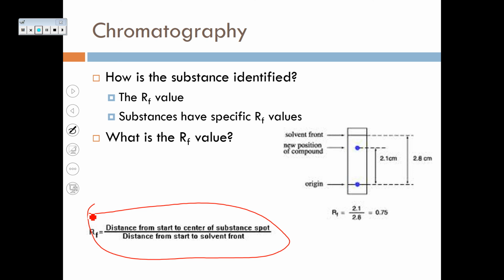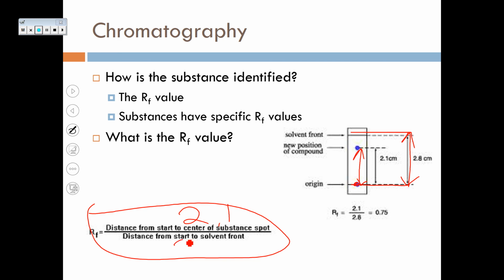So for example, if you place your ink dot right here and the first solution comes out at a distance of 2.1, that would be the distance from the start to the center of the substance spot. For the denominator, the distance from the start to the solvent front, that would be from the start to the very last distance that the solvent reaches.